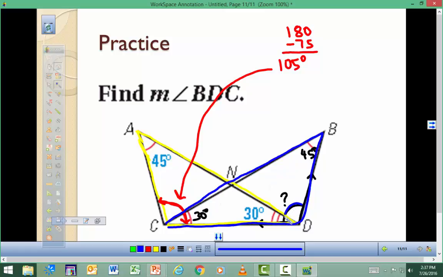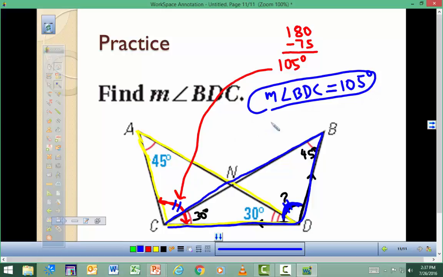And so this angle here actually is a corresponding angle to that one. So this angle here is congruent to this one over here. So that means the measure of angle BDC is equal to 105 degrees. And we're done. So this one is a little bit trickier because the triangles kind of overlapped each other.